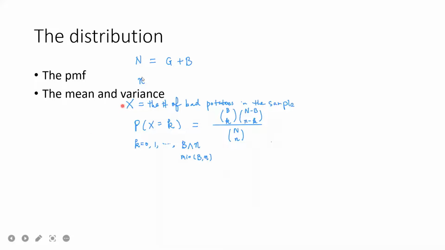Now, how can we find the mean and the variance? We can use the definition to figure out the mean. So the mean E of X would be the sum of k times (B choose k) times (N minus B choose n minus k), over (N choose n), where k runs from 0 to the smaller of B and n.